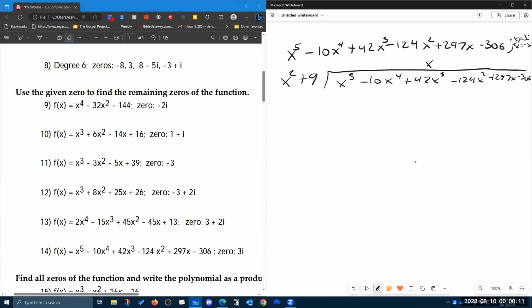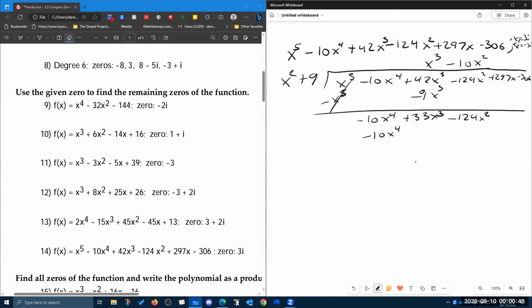That'll be an x to the 3rd, x to the 5th, 9x to the 3rd, change my signs and add. -10x to the 4th plus 33x to the 3rd minus 124x squared. Right. Then this is going to be minus 10x squared, -10x to the 4th minus 90x squared.